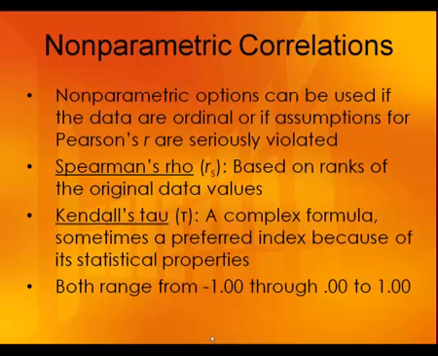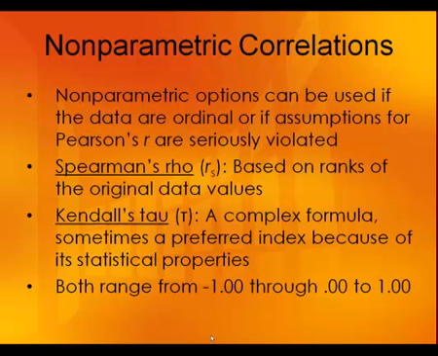So in terms of non-parametric correlations, and again, a good idea is to refer to your textbook and the examples they give, we use these non-parametric options if the data is ordinal or if the assumptions of Pearson's R are violated. An example is Spearman's rho, or R lower-script s, which is based on ranks of the original data values.